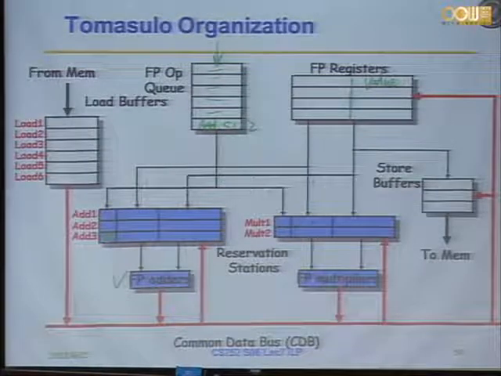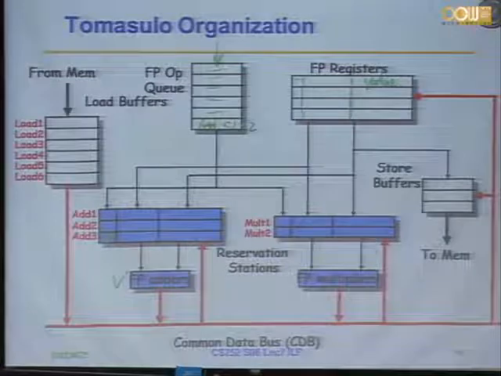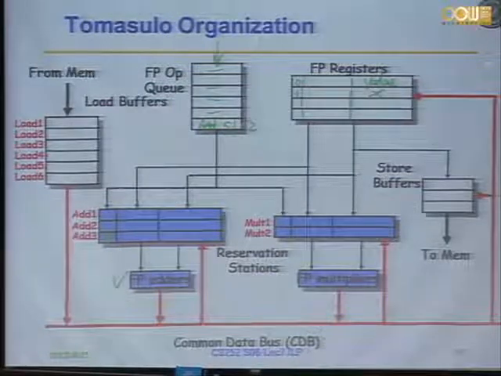But here we need 2 more things. First is, is this value valid? If it is, then I put a 0 here. Or if it is not, then I put a 1 here, meaning this value is out of date. The most recent value should be generated by, say, 3.